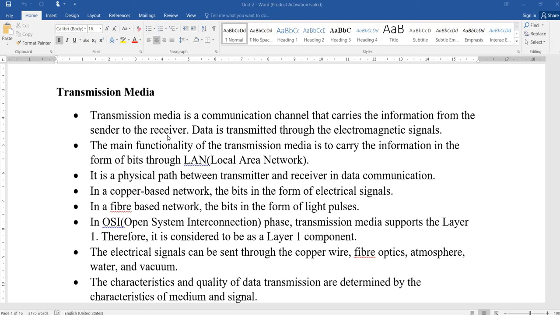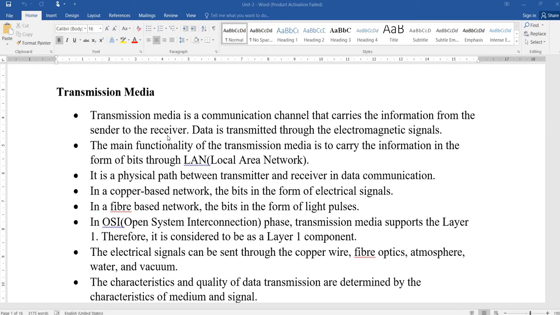Transmission media is a communication channel that carries the information from the sender to the receiver. We can transmit our data from one station to another. What data does it transfer?